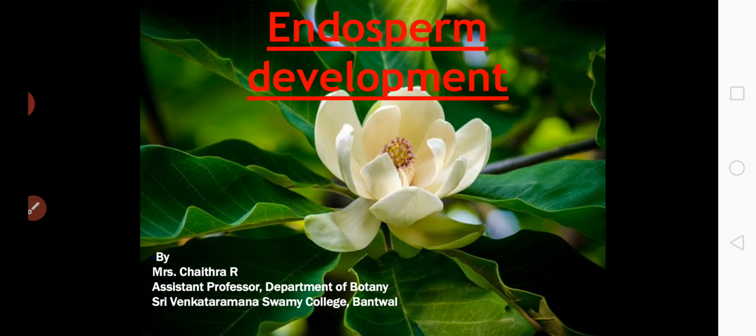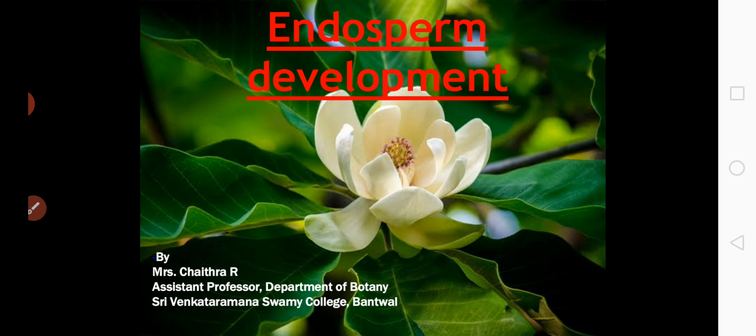Whereas the female sex organ, the pistil portion of the flower, contains the female gamete. During pollination, the pollen grains are released from the anther and deposited onto the stigmatic surface of the pistil.